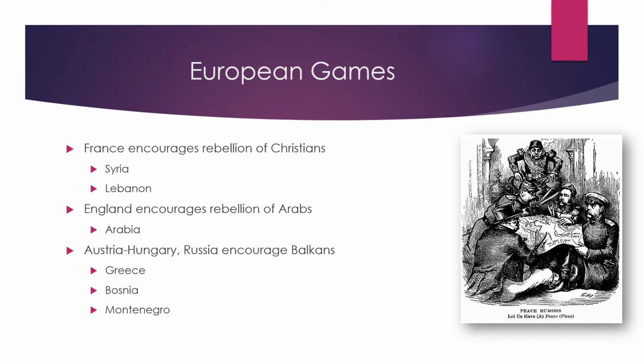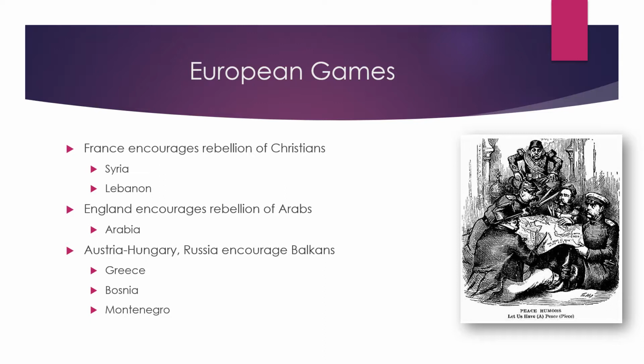Austria-Hungary and Russia and others encouraged the Balkans to rebel. So you have Greece breaking away, Bosnia, Serbia, Montenegro, all of those begin to kind of rebel against Ottoman rule. And the Ottomans are forced to sign a treaty in the 1870s that gives up their acquisition of those territories. The Russians eat away at some of the territories on the other side of the Black Sea.